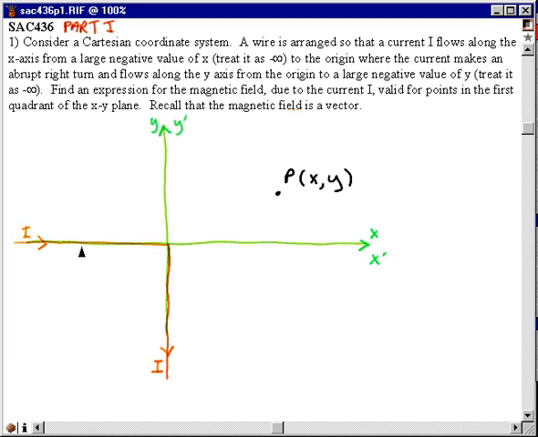We're going to be using the Biot-Savart Law, which states that the magnetic field due to a tiny little segment of the wire, dl, depends on how far that tiny little segment of the wire is from the point where you're trying to calculate the magnetic field.